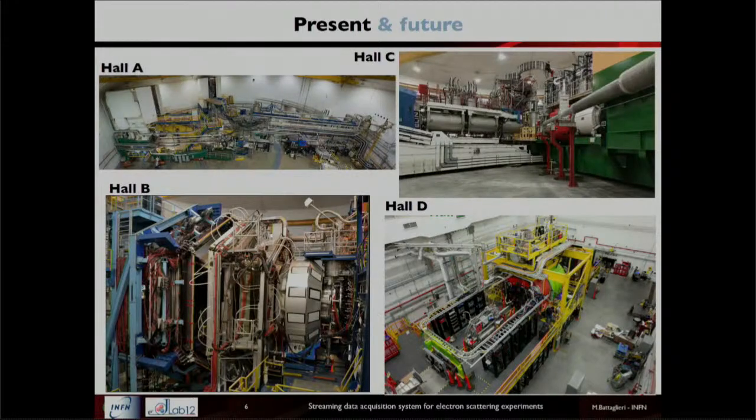And there are 4 experimental halls providing data, equipped with standard detectors. Hall B with CLAS12, Hall D with the GlueX detector, and Halls A and C are using spectrometers. Even spectrometers with GEMs, for instance, are producing a huge amount of data, much more than what people were used to in the past.